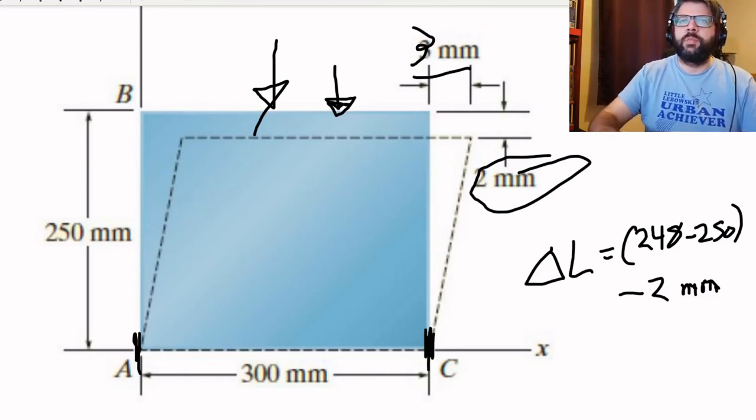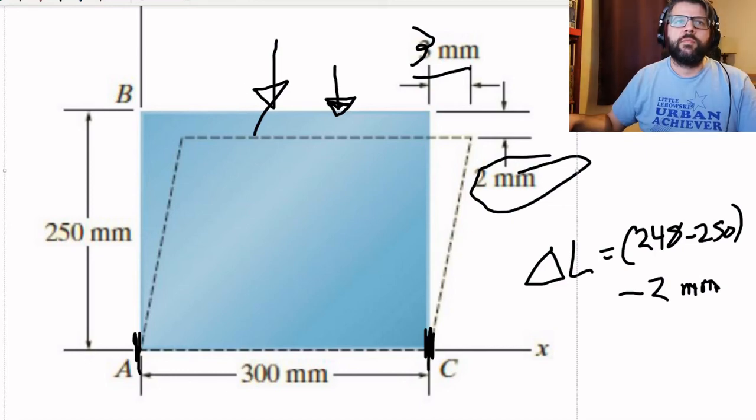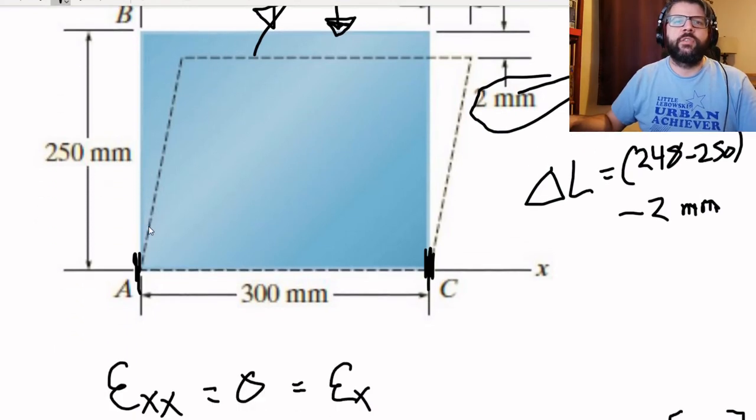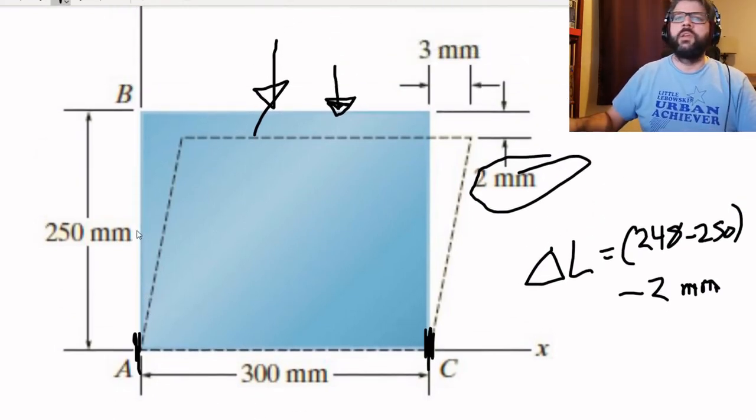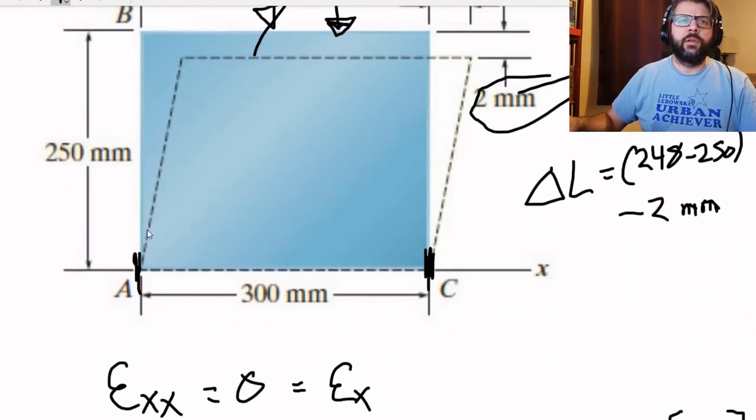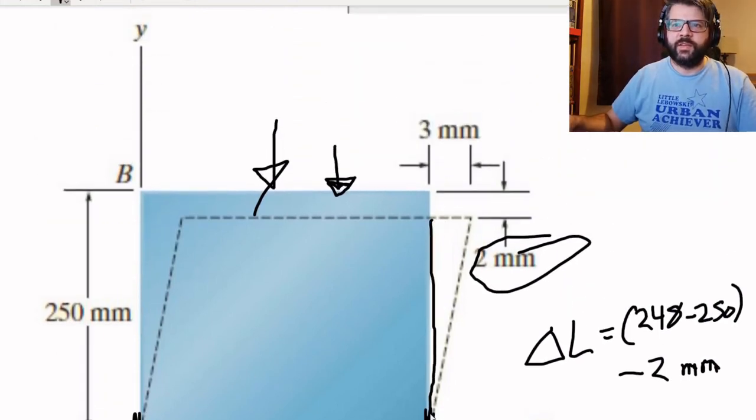It's not being caused by a normal stress. So the entirety of that 3 millimeter shift is due to the shear strain that occurs. So we just need to figure out what this angle here is.